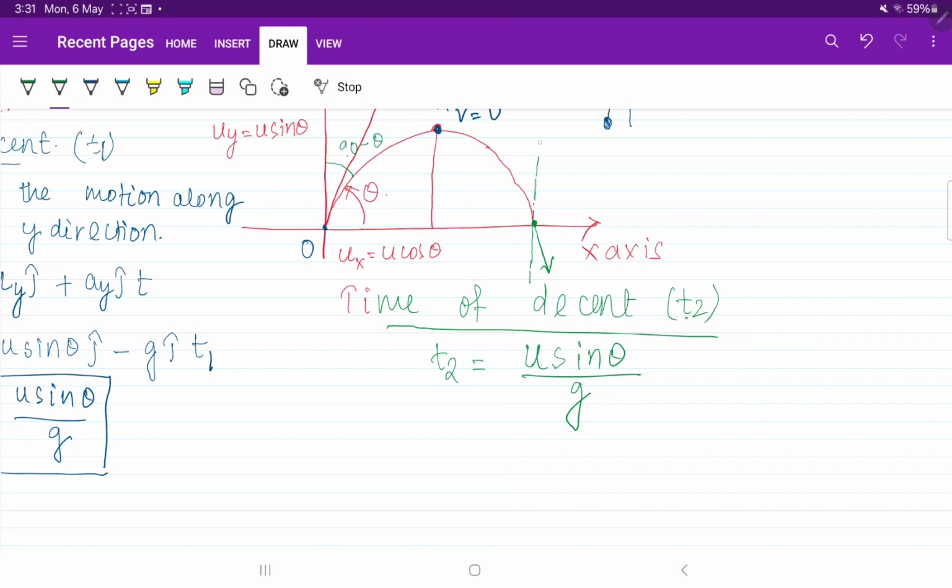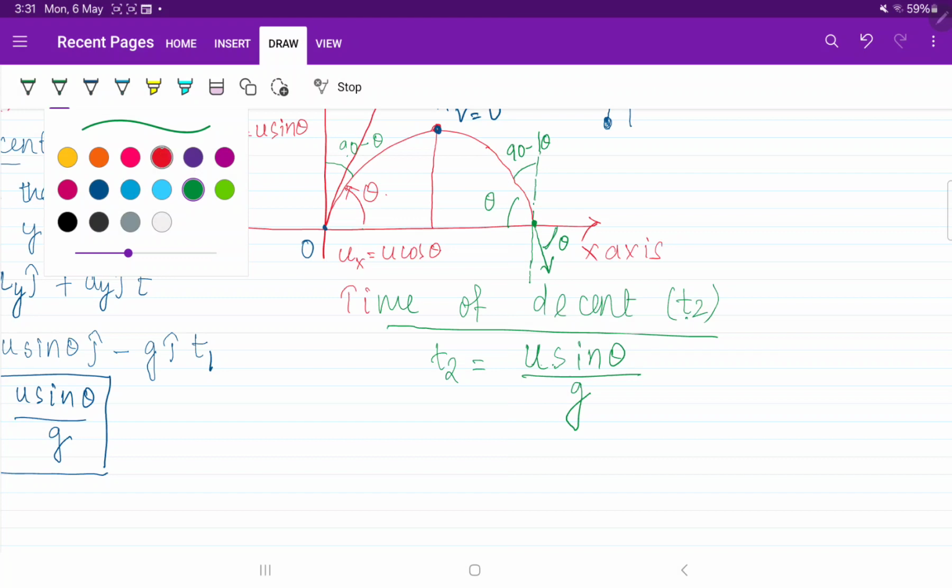As these two lines are parallel to each other, this angle is also 90 minus theta, which clearly indicates that this angle is theta, and this angle is also theta as it is an opposite angle.